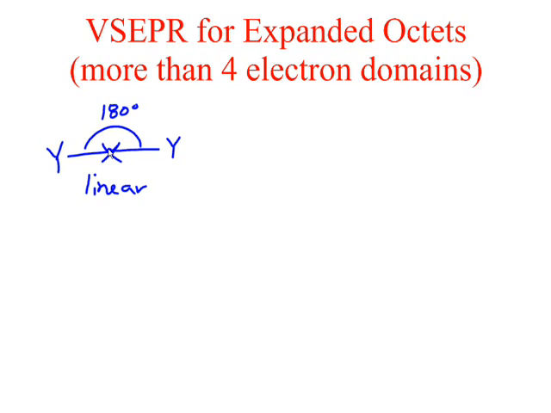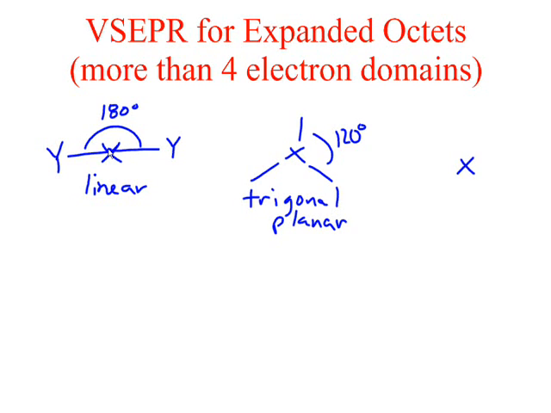If you were to put 3 electron domains around the central atom, now you would have an arrangement such as this, where it would be 120 degrees, and this would be trigonal planar. And we had gotten up to 4 electron domains, which would give us that tetrahedral shape.